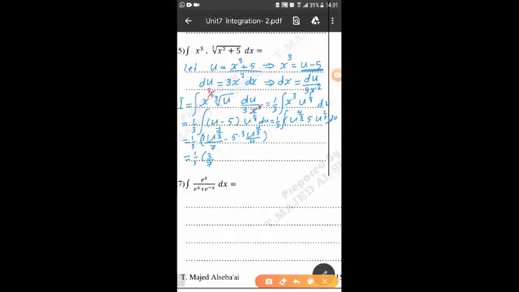So it will be the cube root of x3 plus 5, and this to the power of 7, minus 15/4 cube root of x3 plus 5 all to the power of 4, plus c. Just a minute, I forgot to add this bracket because this is all multiplied by 1/3.